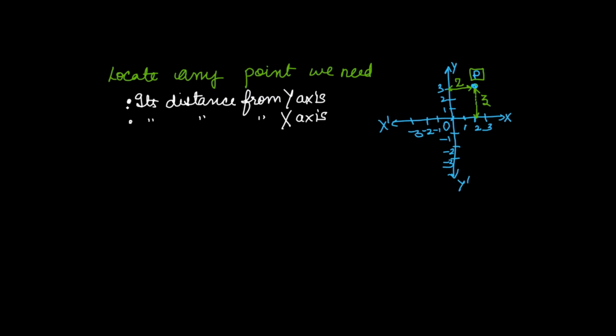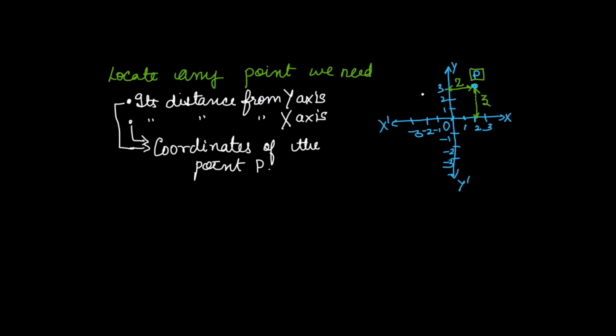And these distances are called the coordinates of the point P. Is it clear? So the distances 2 and 3 are called the coordinates of the point P. Here its distance from the y-axis is 2 units, distance from the x-axis is 3 units.